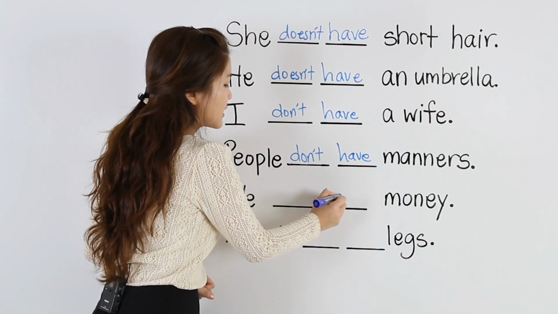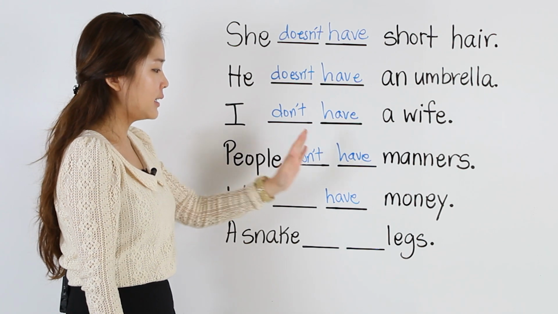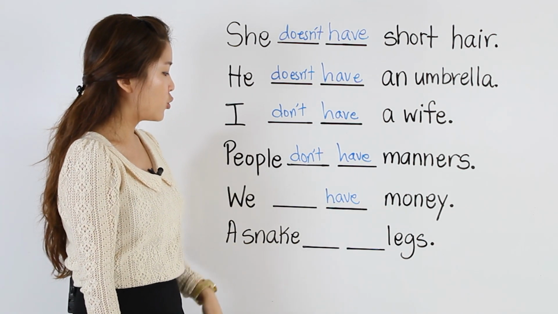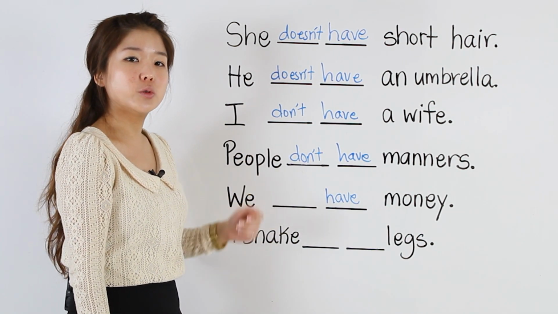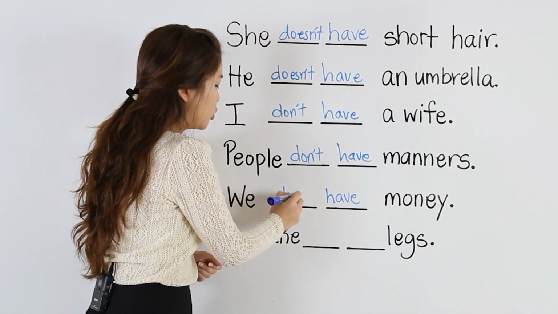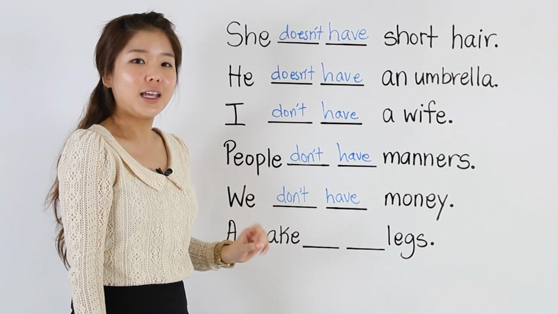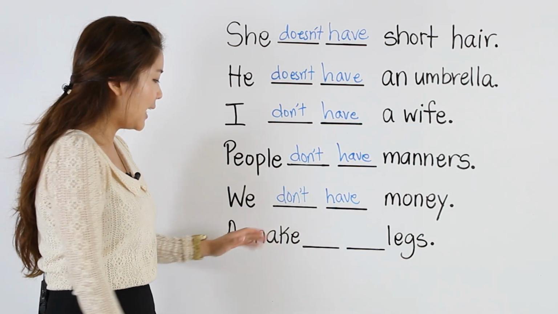Okay, next. We, blank, have money. Should we put doesn't or don't? The correct answer is don't. We don't have money.